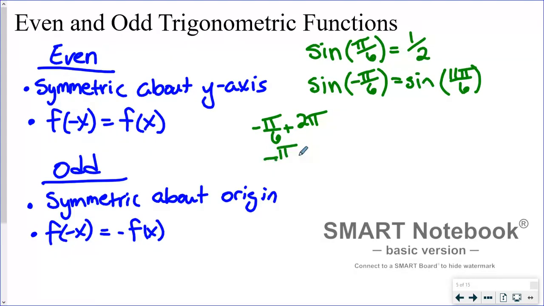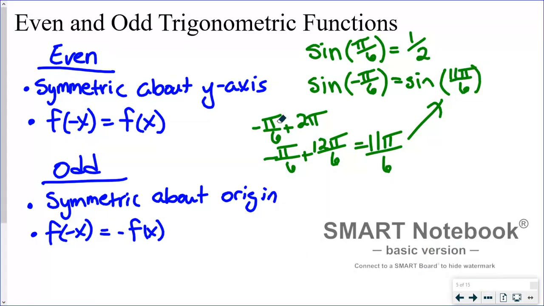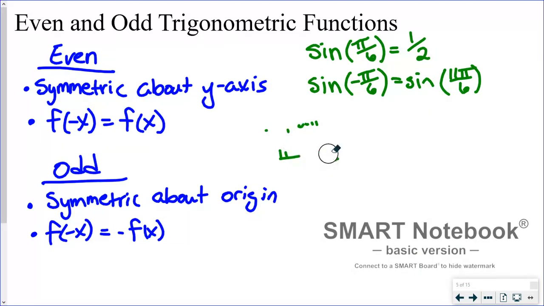We would have to get a common denominator here, and we would get 11 pi over 6 that way as well. Either way you want to think about it, whether visually or graphically, or algebraically with coterminal angles, is perfectly fine.